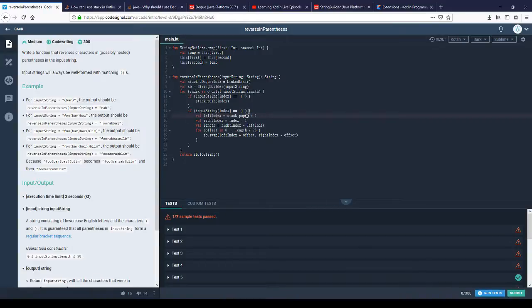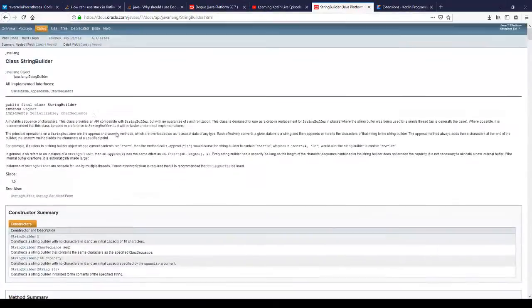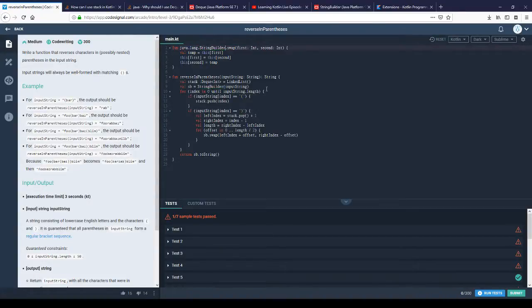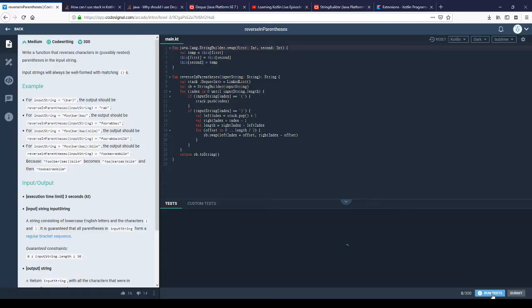Oh, so actually, Kotlin does it for you. This is amazing. This is the Java string builder, and what was amazing was, let's be really sure that it's the Java string builder. So it's actually java.lang.StringBuilder. Yeah, this is amazing.